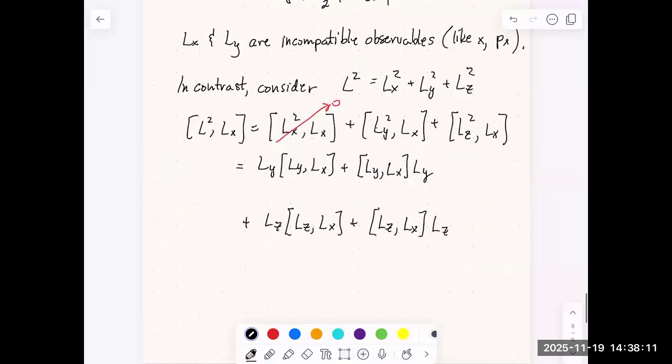All right, so this is going to be minus iħ Lz, and so is this one. And Lx and Lz, remember, we said as long as we keep the order the same, x, y, z, this is going to be plus iħ Ly, and so is this one.